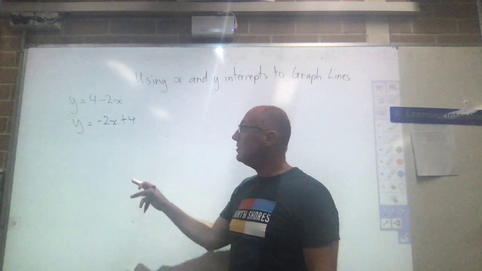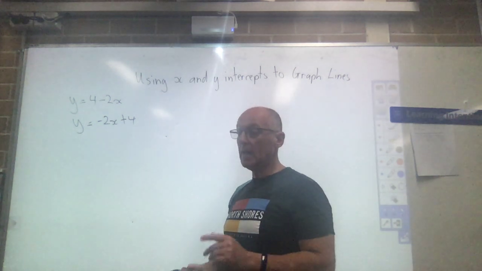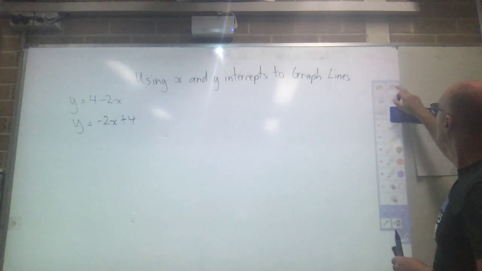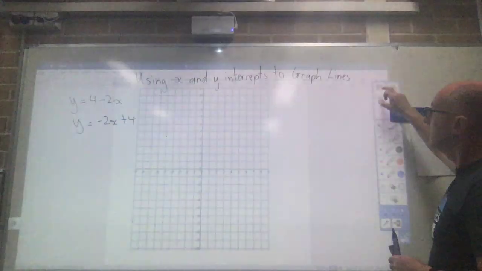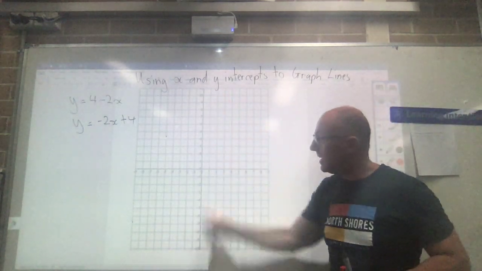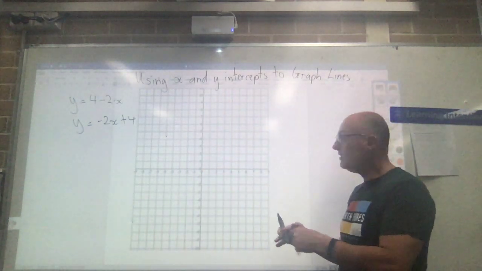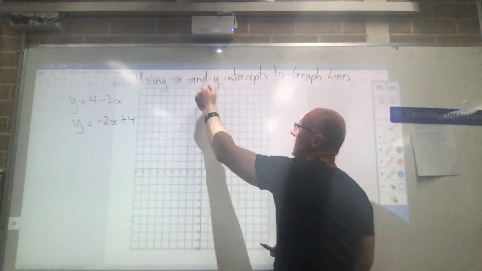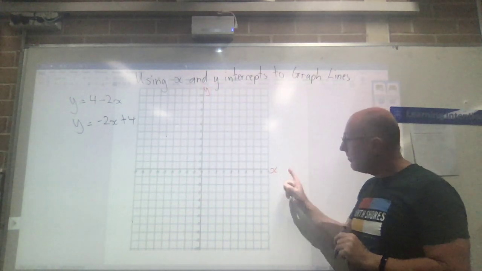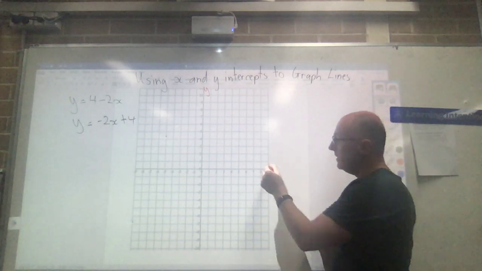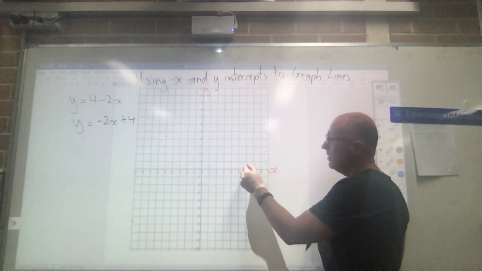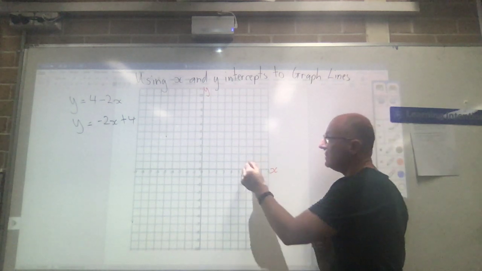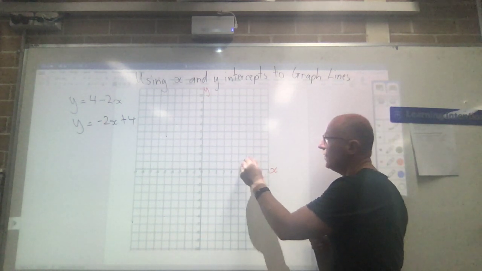So one way we can do that is by looking at a Cartesian plane. We know that this is the x-axis and we know that this is the y-axis. Any coordinate along here, for example this coordinate right here, is 6 across and 0.